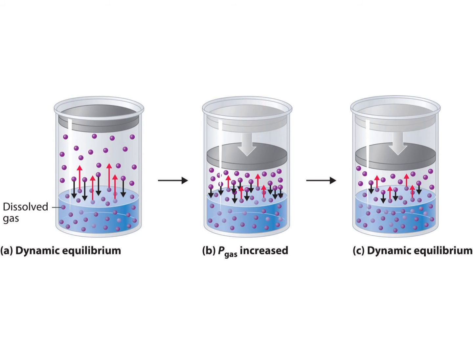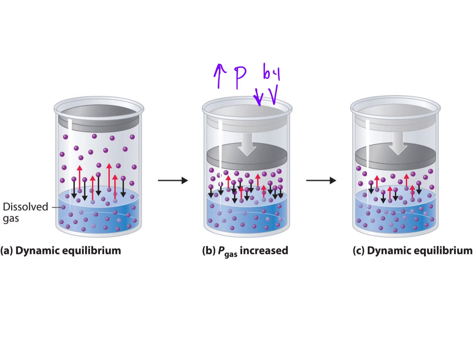If we increase the pressure on the gas above the liquid, and we're going to do that according to this figure by decreasing the volume, so PV equals nRT, we are now increasing the pressure on the gas above that solution.